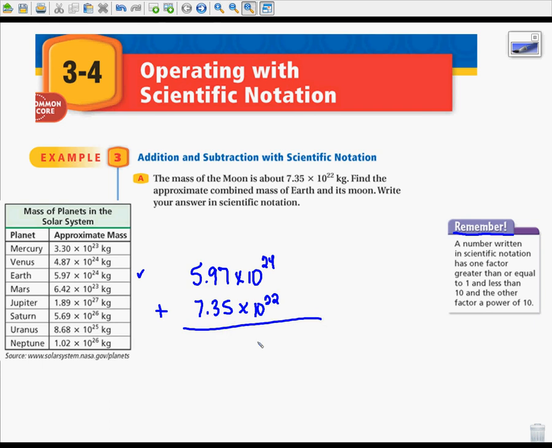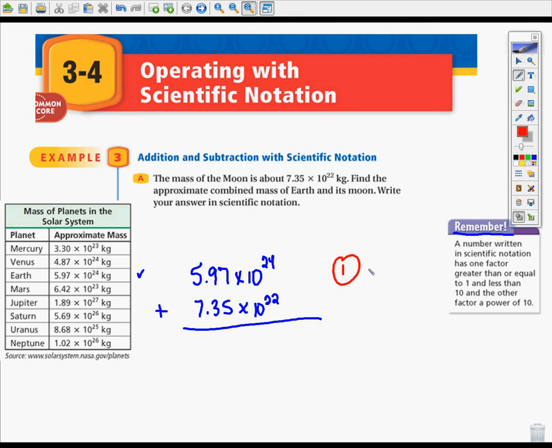Well, it doesn't work so that you can just add the first factors and add the powers of 10 here. What we have to do first is get the same power of 10. We must do that first.